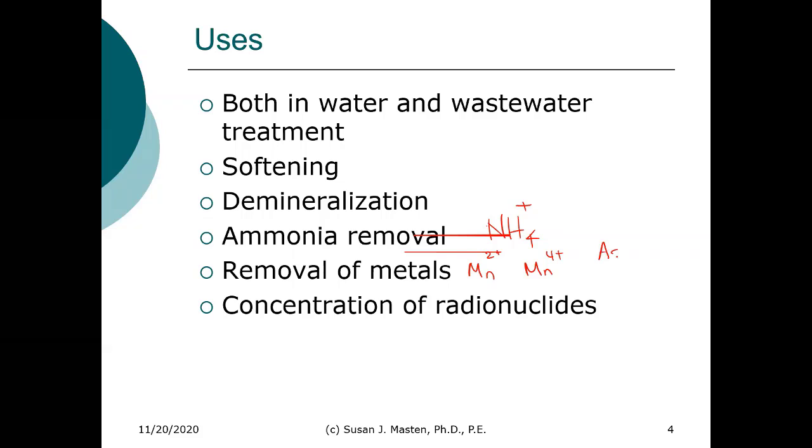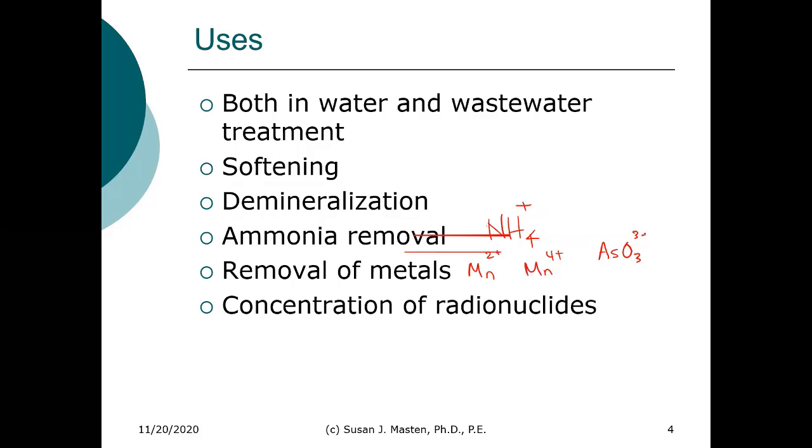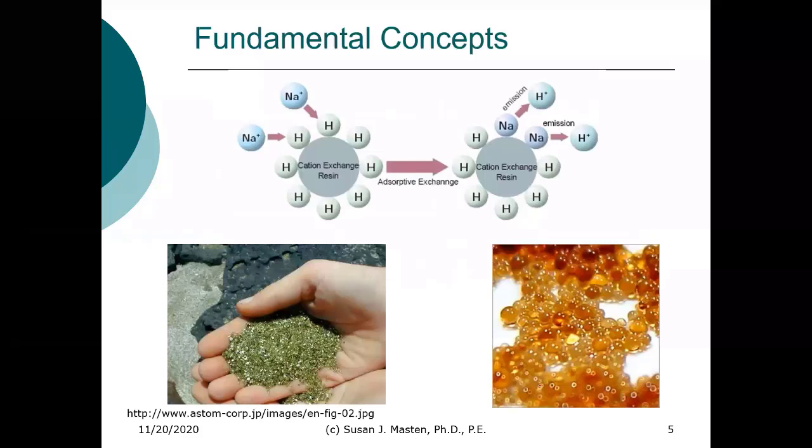So for instance, arsenic is as arsenite or arsenate. So the ionic form plays a significant role. And then we can also look at removal of radionuclides, from americium and cesium to plutonium, etc. So again, we need to know something about the redox state of that ion.